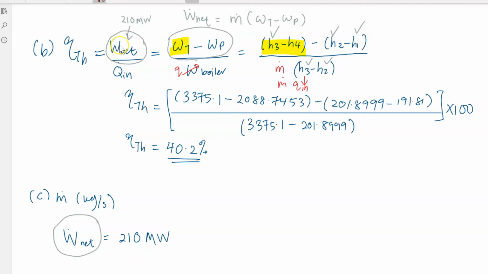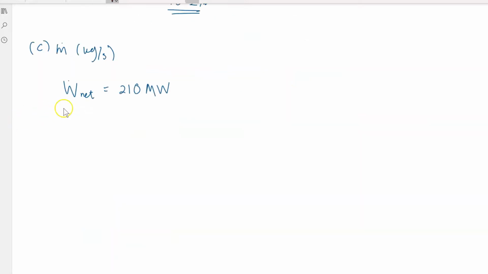What was the difference between W net with capital W and w net with small w? If we expand this W dot net, it is actually your m dot times your work net, which is equal to 210 megawatt.